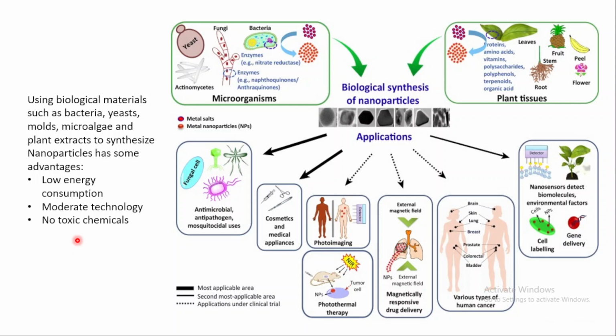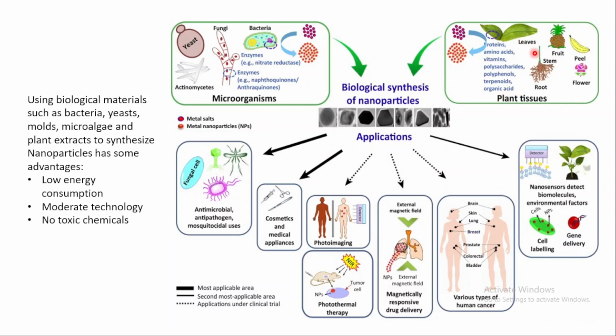And these are some of the applications we see of biological synthesis of nanoparticles. So there can be microorganisms which produce enzymes like nitrate reductase, naphthoquinones, actinomycetes, yeast, bacteria, fungi. All of these microorganisms can be used as biological material for synthesis, and they have many enzymes like naphthoquinones, anthraquinones, synthesis, metal salts, metal nanoparticles can be used.